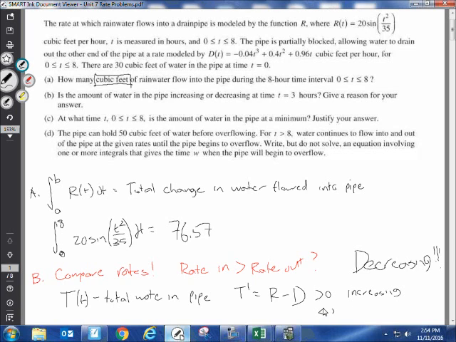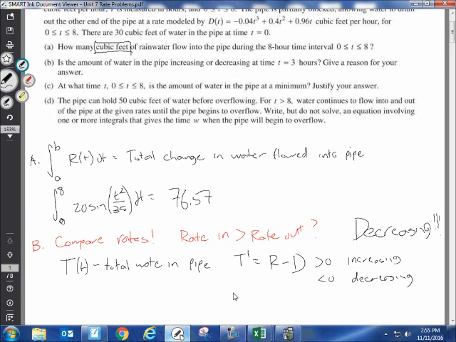If T prime is negative, water is decreasing. Okay? So all we have to do is plug in T prime of 5. If it's positive, we're increasing. If it's negative, we're decreasing.